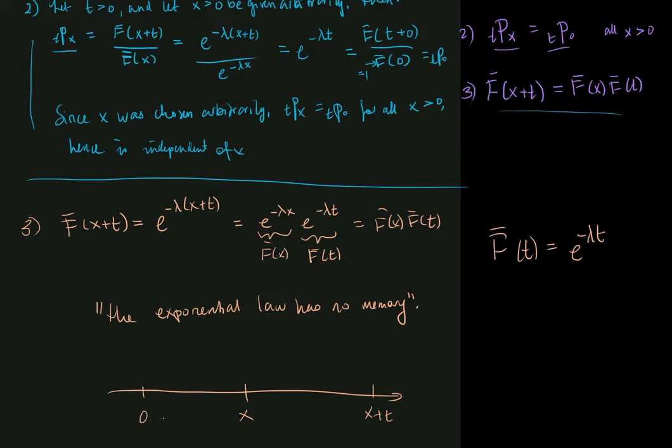The probability that a newborn will survive this entire span is given by the probability that the newborn survives up to x, multiplied by the probability that the person kind of becomes newborn again here and then survives the next t years. So the exponential law has no memory, in the sense that survival in one time period and survival in another time period are kind of independent from each other, because it is when we have independence that we're allowed to multiply probabilities together.